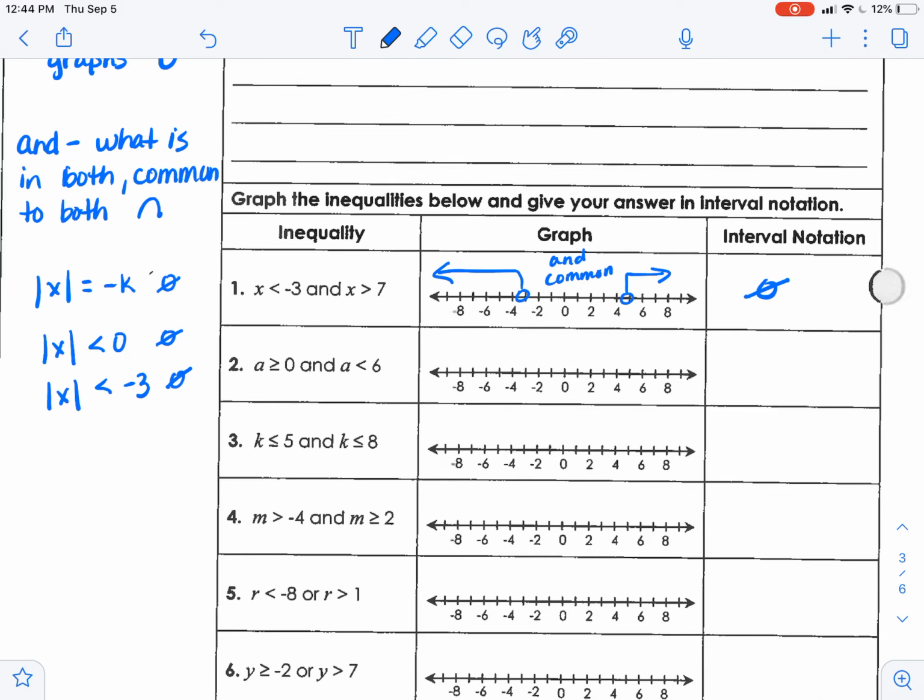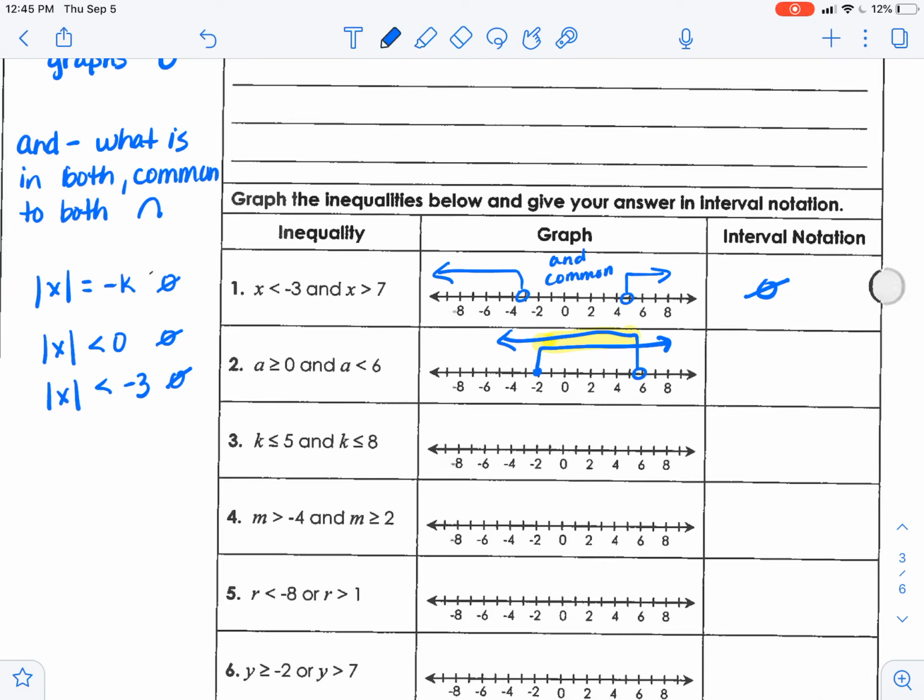So number 2, we have everything greater than -2. We have everything less than 6. And I want to know what they have in common. Okay? So I can tell they only have this portion here in common. So my answer is going to be an interval.